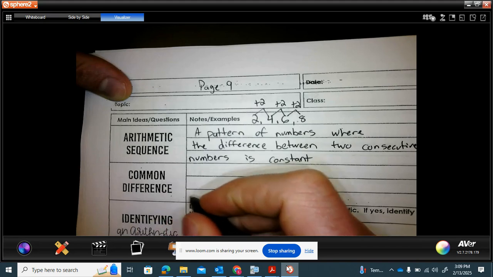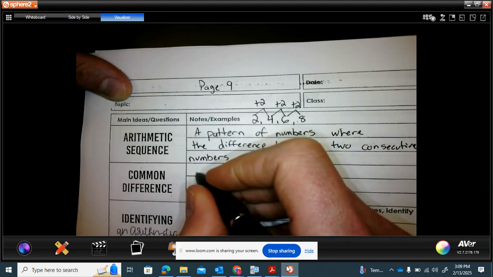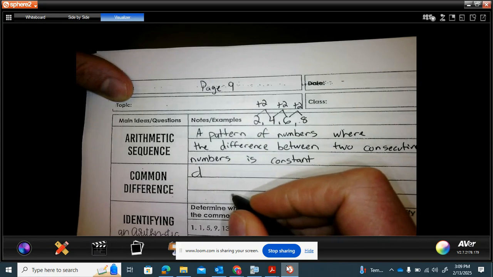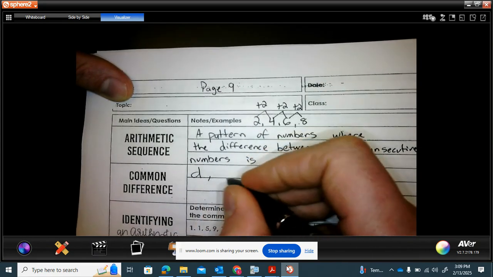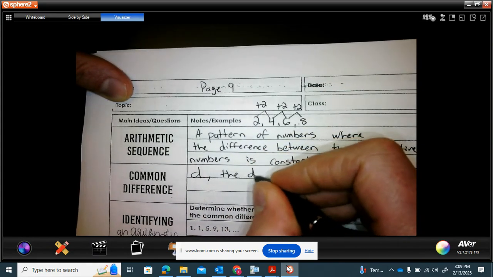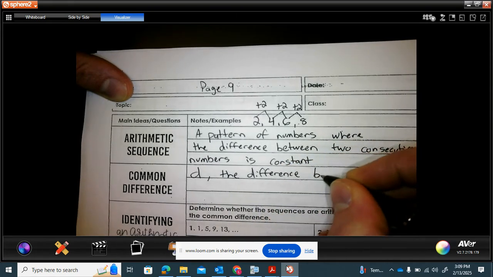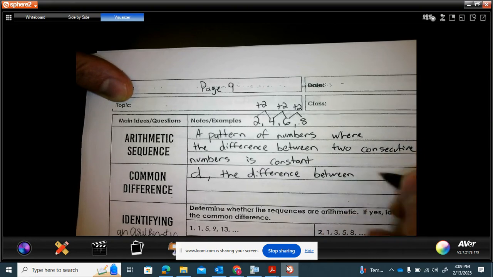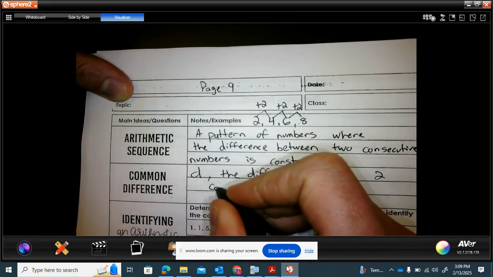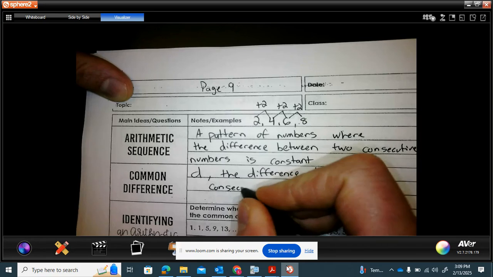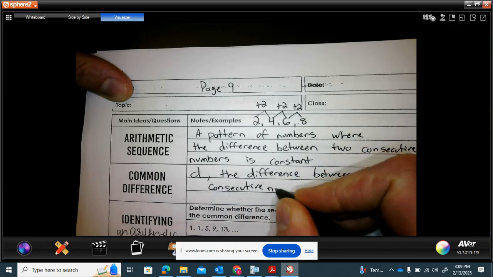So the common difference, the symbol we use is D. It's basically just the difference between two consecutive numbers.